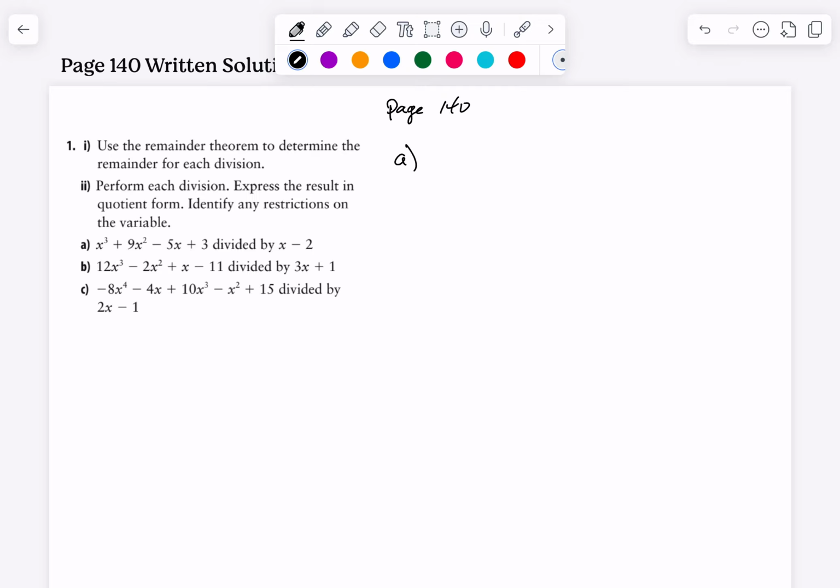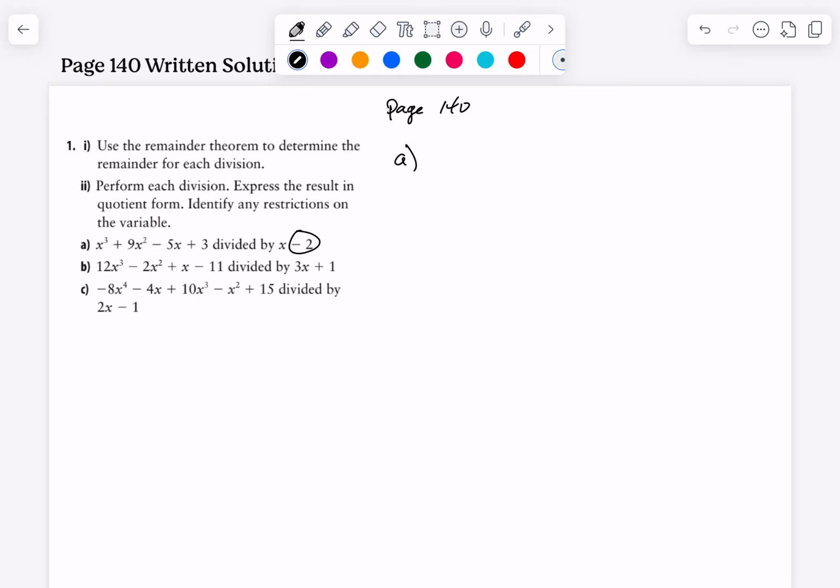What this is asking us is to use the remainder theorem to figure out what the remainder is going to be for each of the divisions before we actually do the division. You remember the remainder theorem basically says that if I evaluate the function at, let's say, 2 in this particular instance, then I can test to see what the remainder is going to be before I actually do the division.